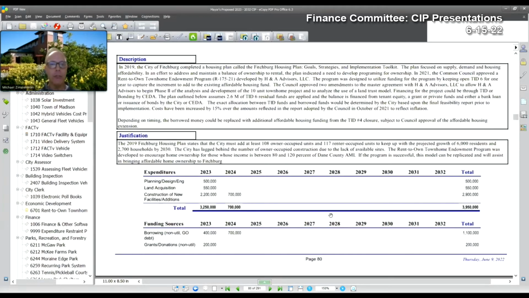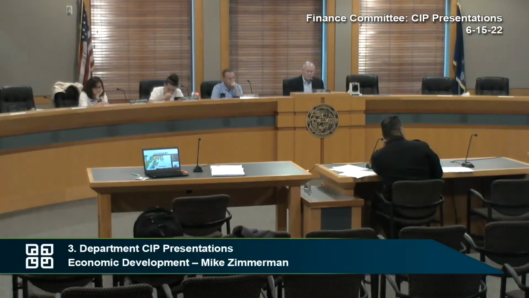The major source of the funding here would come from the Affordable Housing Fund that was capitalized through the closure of TID number 6. And then there would be some borrowing either through city GO debt or through the Community and Economic Development Authority, the CDA, that also has bonding authority. I think that remains to be determined yet on that one. But you can see the total cost would be about just shy of $4 million, 3,950 there. So any questions?